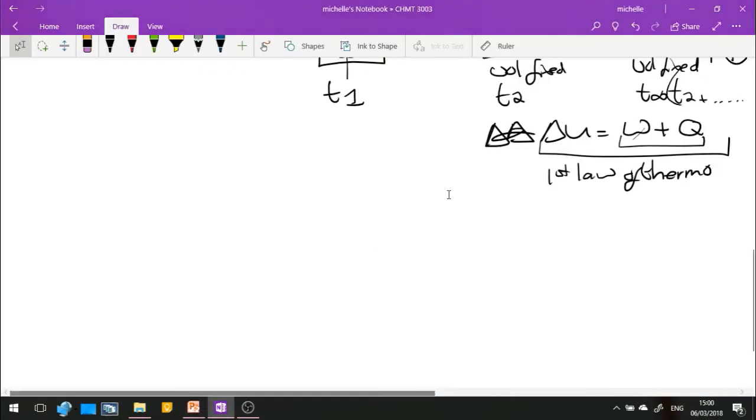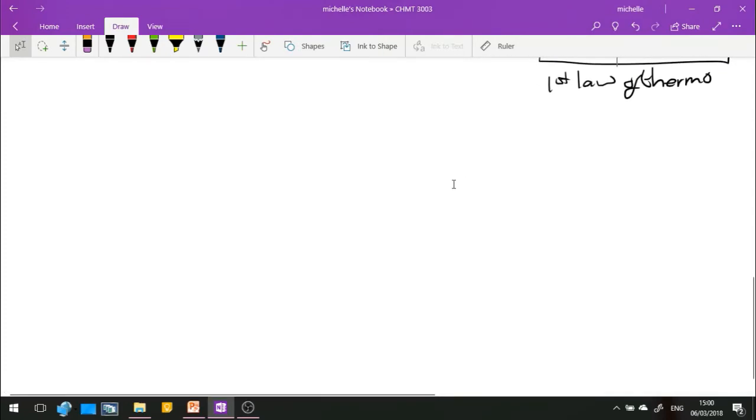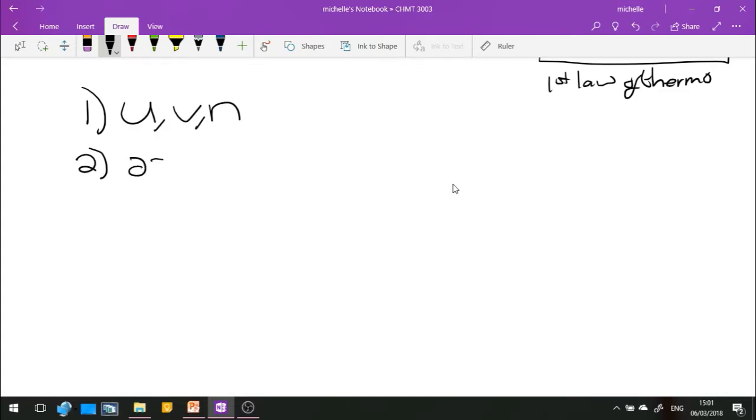So knowing all of that, just to walk away with the 4 postulates, your system can be described by U, V, and N. And then your dS total by your dU total is greater than 0.